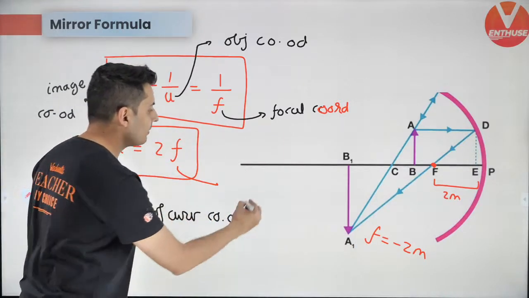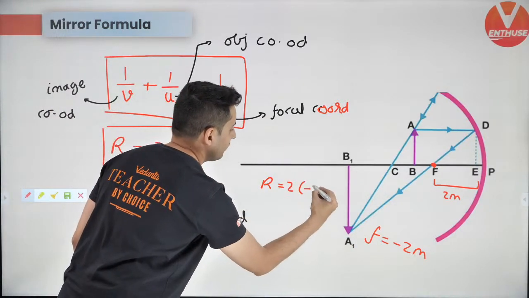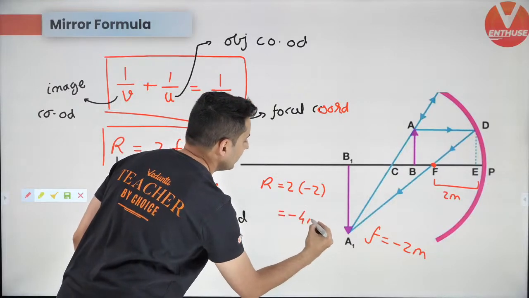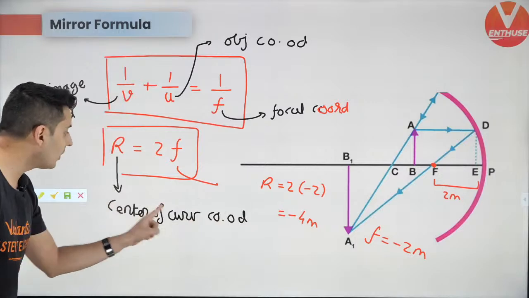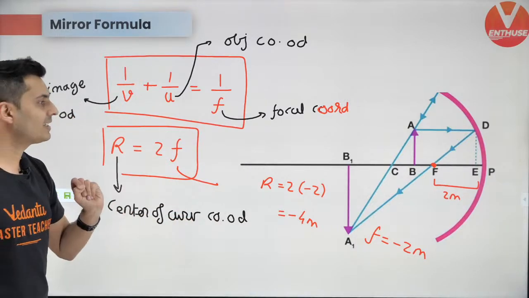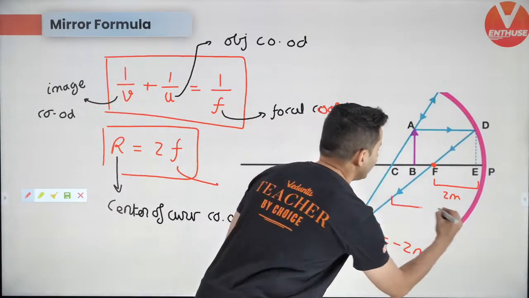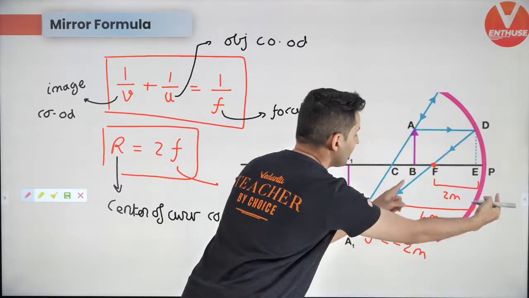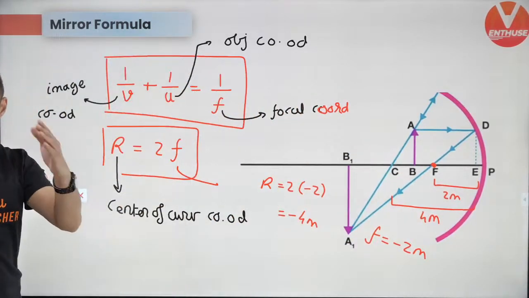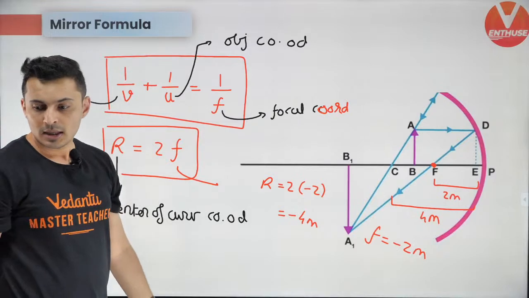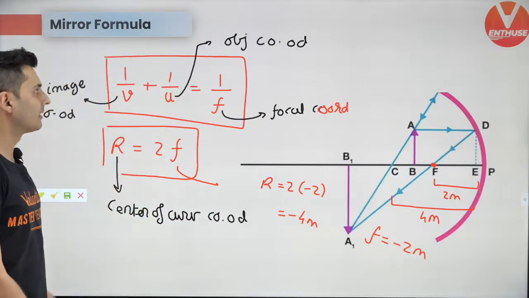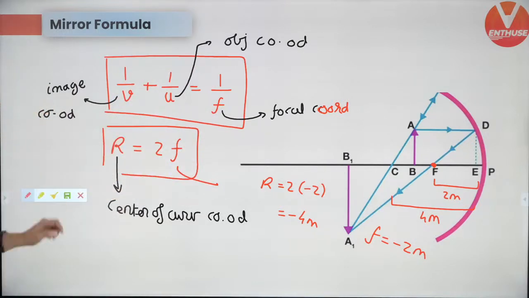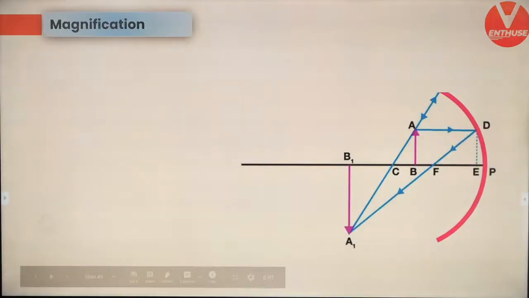So how much will R be equal to? It will be -4 meters. Now what does this -4 stand for? It gives you the coordinate of the center of curvature. So the center of curvature will be 4 meters behind the pole. That's what it means. I hope this coordinate system is very, very clear. Think of these like coordinates, not as distances. Cool.